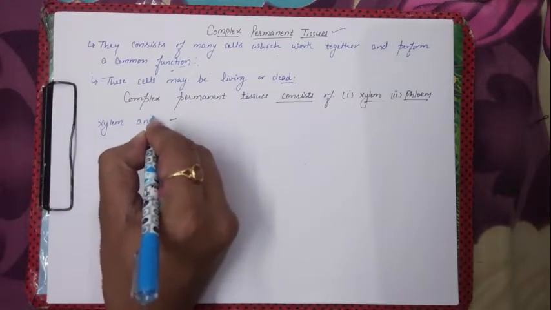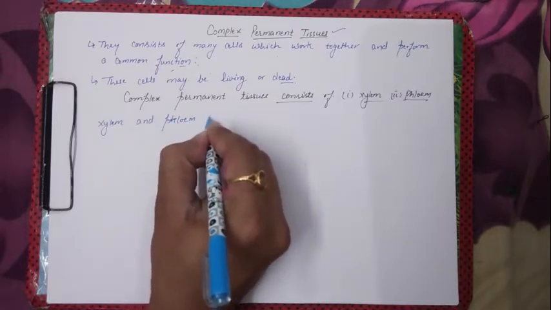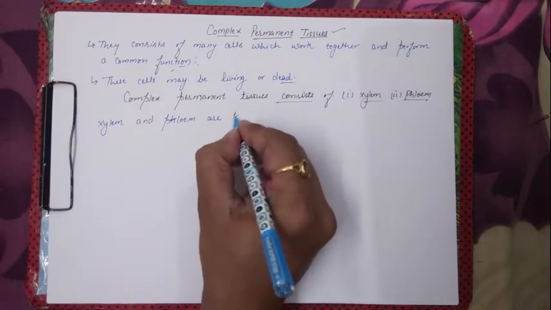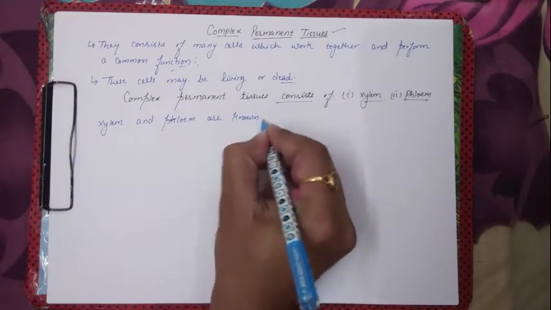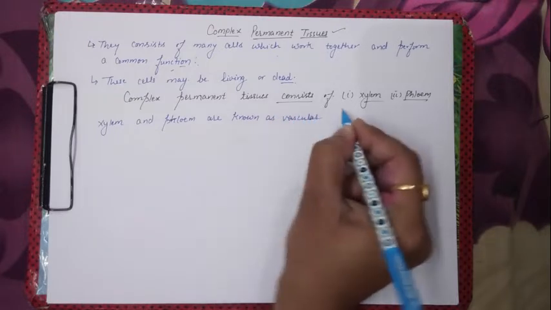Xylem and phloem are known as vascular tissues.